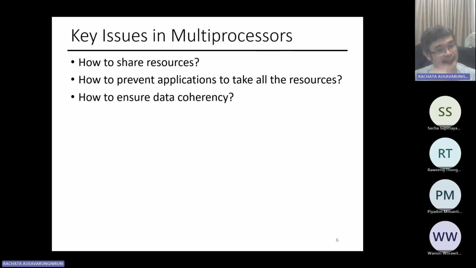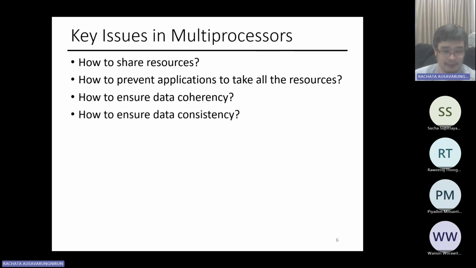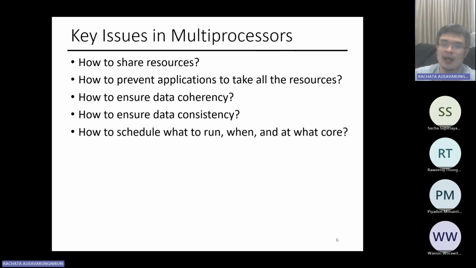The concept, the theory, and the protocol to fix this will look complicated, but in reality, they are quite simple. Then how to ensure data consistency, which is a different problem from coherency. Hopefully by the end of today's lecture, we have a clear understanding of the two.